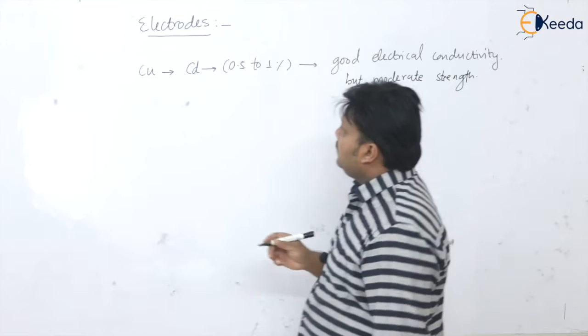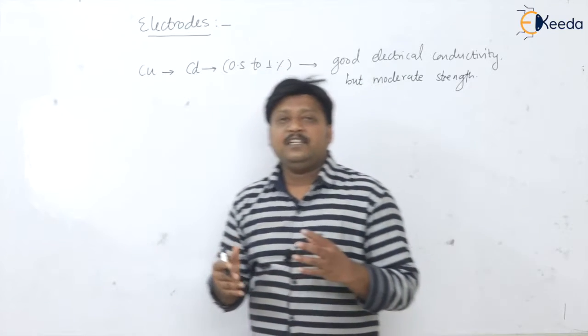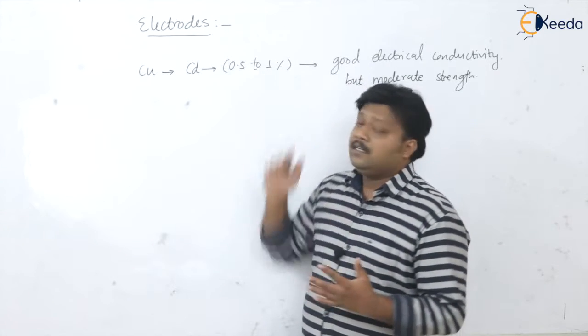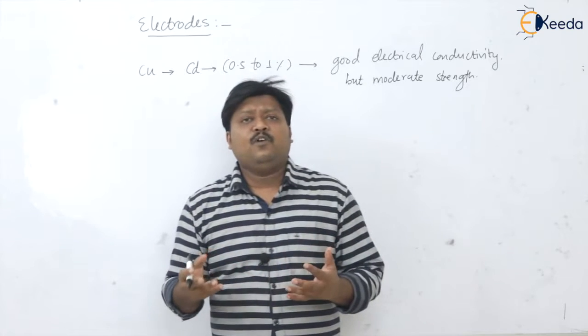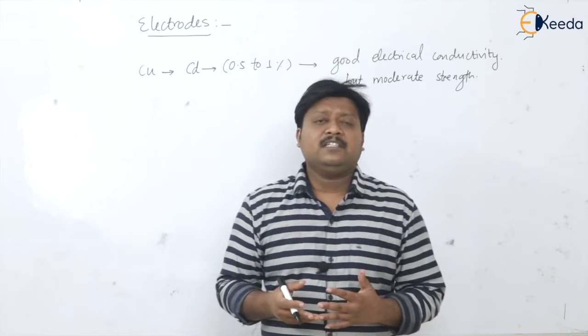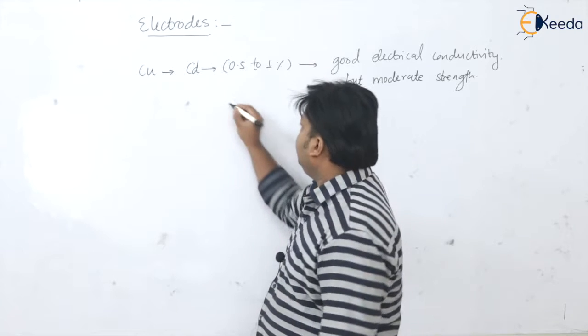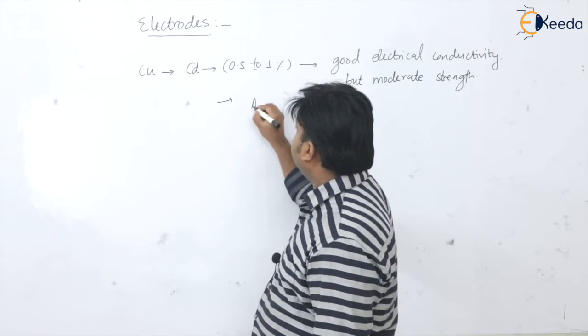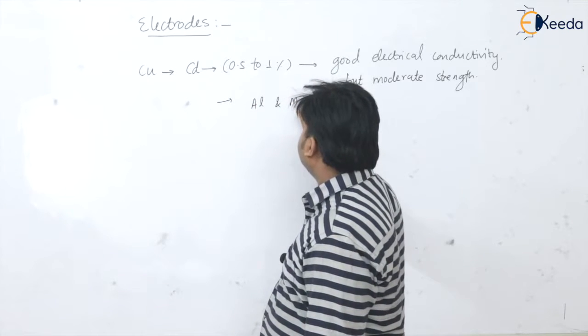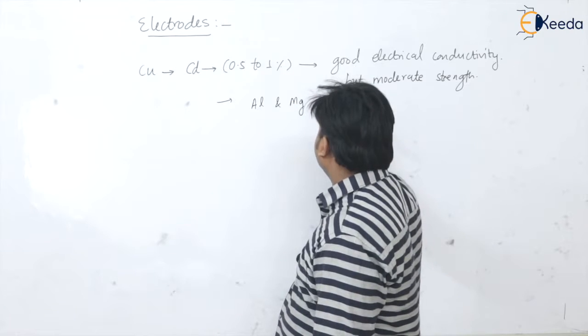That's why copper with 0.5 to 1% cadmium is used for joining non-ferrous materials like aluminum and magnesium alloys. Please remember.